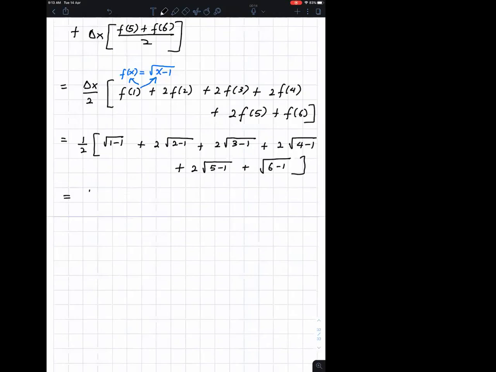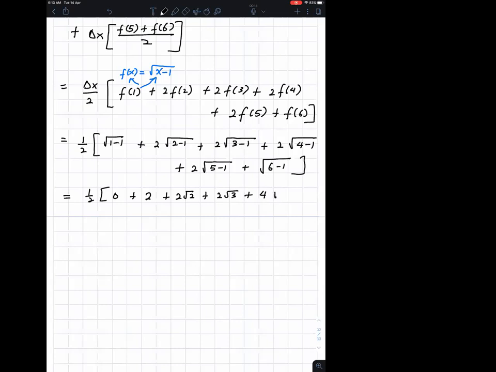The first one is 0, plus 2 times square root of 1, which is just 2, plus 2 square root of 2, plus 2 square root of 3, plus 2 square root of 4, which is also 2, so it's just 4.